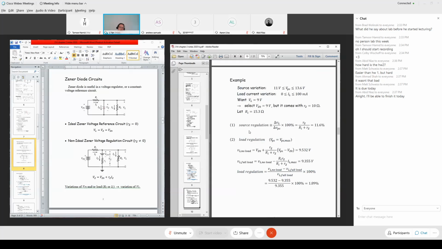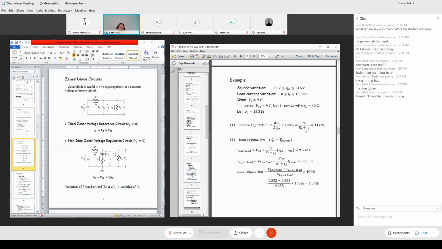Now we can evaluate the two types of regulation. One is source regulation, where the output voltage, load voltage, is changed only by the change of the input voltage. And previous calculations say that's given by this formula. So you plug in the Zener resistance equal to 10 ohms, divided by the input resistance 15.3 ohms plus Zener resistance 10 ohms.